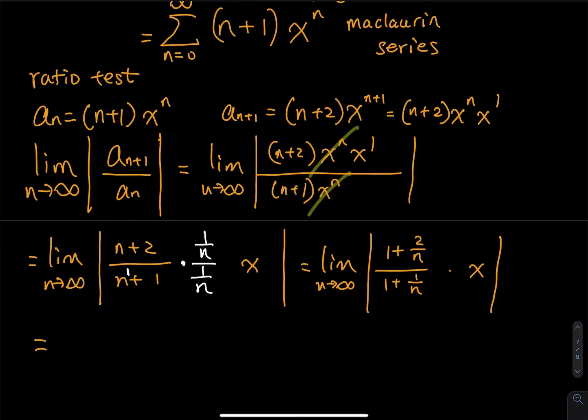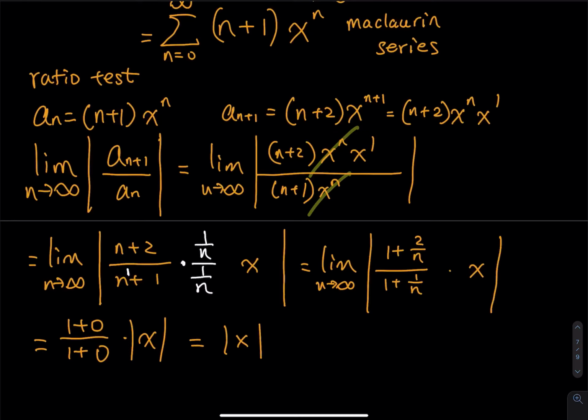So that equals 1 times the absolute value of x. Overall, as n approaches infinity, you have (1 plus 0) over (1 plus 0) times x. The absolute value sticks with the x because the x is not guaranteed positive. Then you have the absolute value of x.